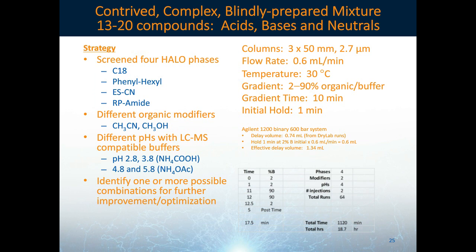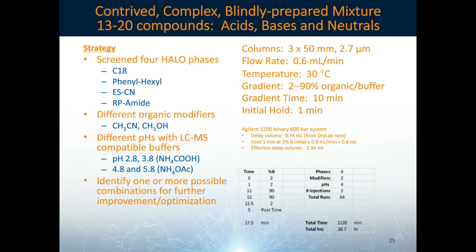So in this case, what we did was we took a contrived, complex, blindly prepared mixture of 13 to 20 compounds, and these were a mix of acids, bases, and neutrals. The strategy was to screen 4 different Halo phases, and we used C18, phenylhexyl, cyano, and RP-Amide.